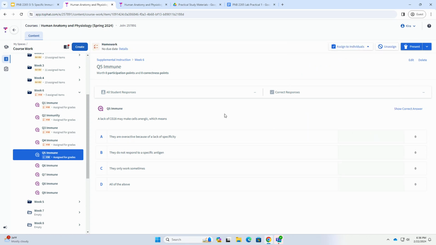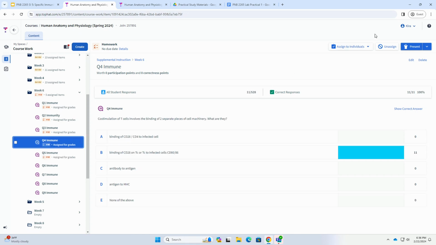A lack of CD28 may make cells anergic, which means, I'm going to fix this.